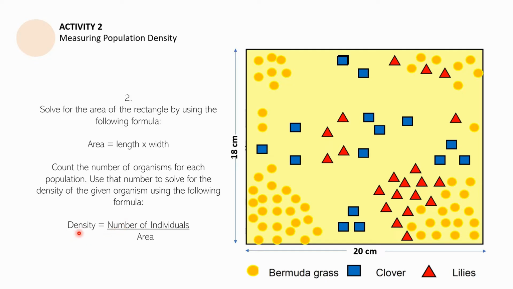So the density of a particular population is equal to the number of individuals divided by the area in centimeters. So you may pause this video to count for the organisms representing each of these population in this area. If you have decided to continue, let us proceed.